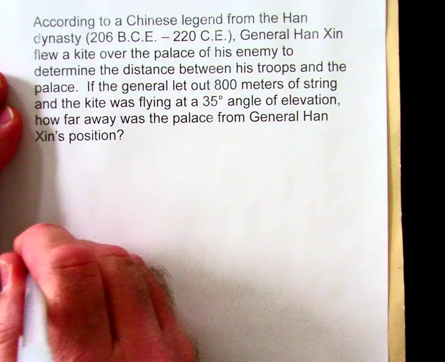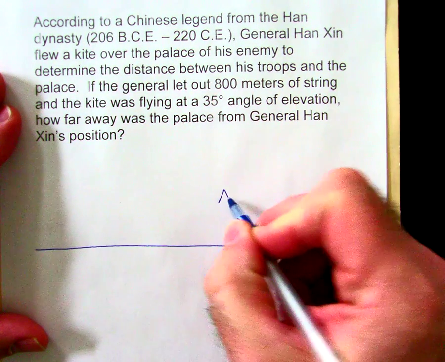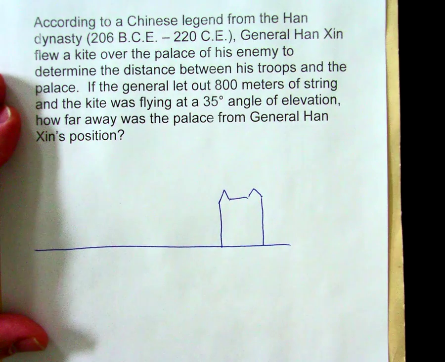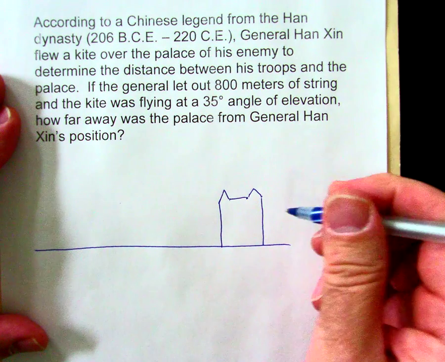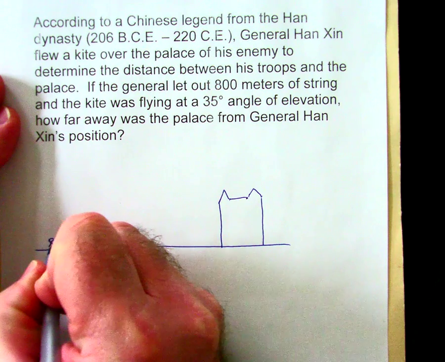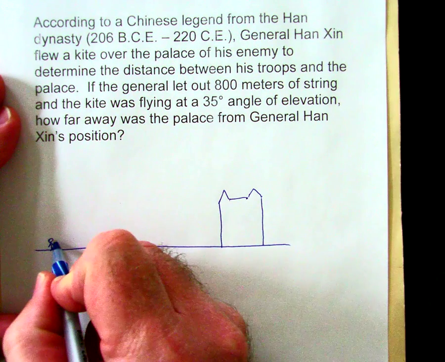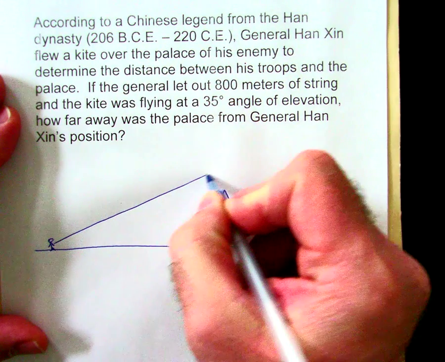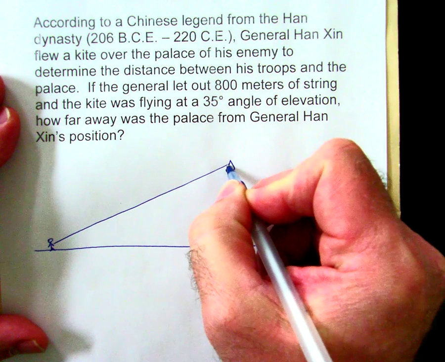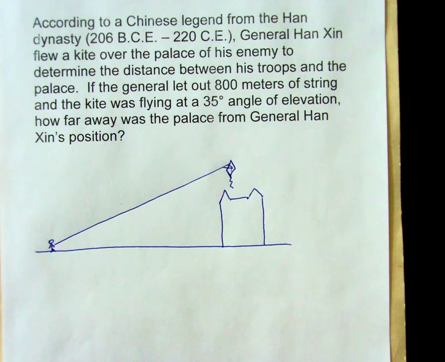So, here's the ground, we have the palace, and I'm probably not drawing a very accurate picture of a Chinese palace. I apologize for that. But we have the general over here, our little stick figure guy, and he has the kite string so that his kite can have a tail on it, is flying above the palace.